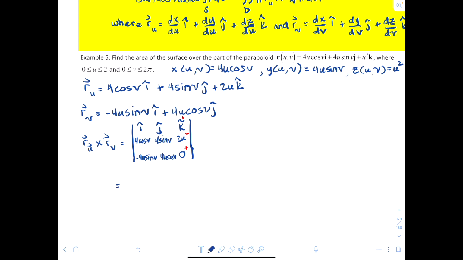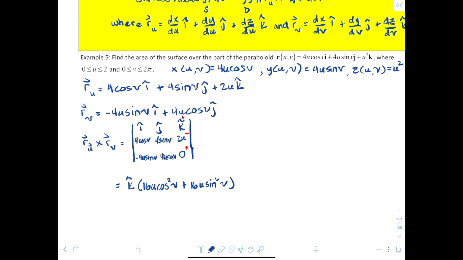This will equal k times 16u times cosine squared v, and then minus minus is plus, we'll get 16u times sine squared v.